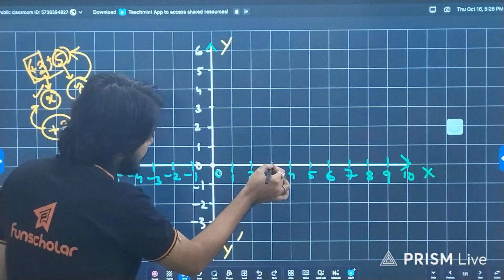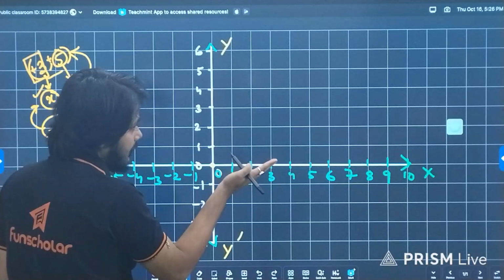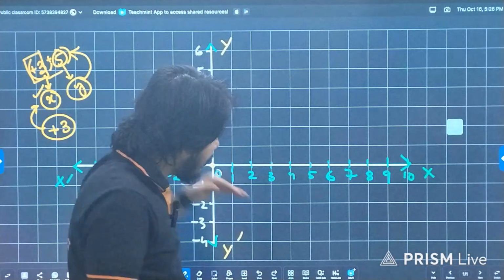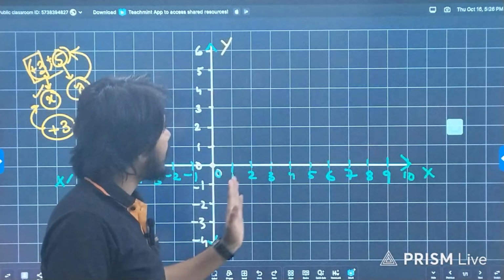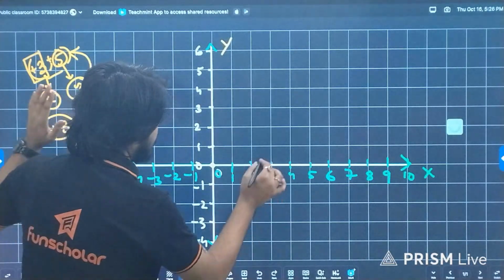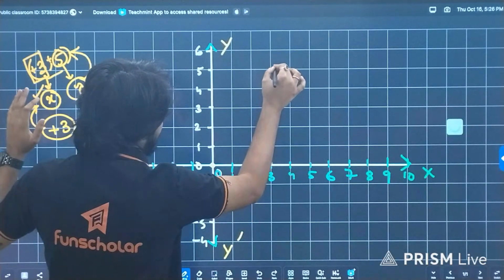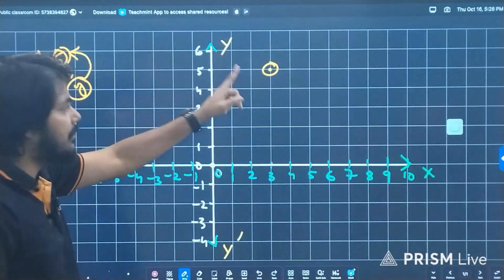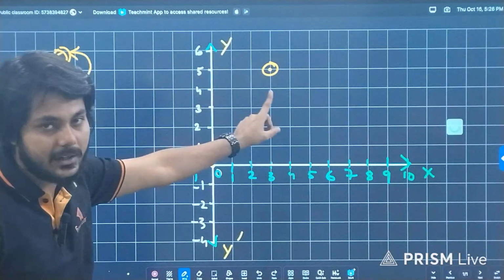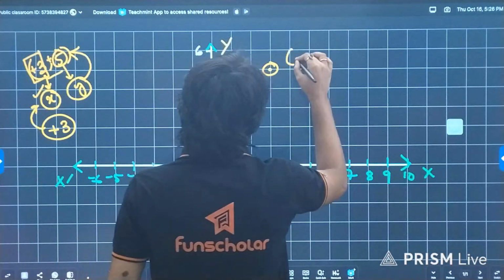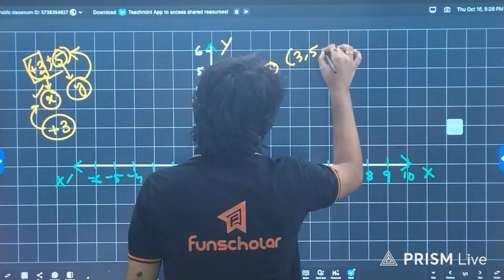So from this 3 we will move 5 steps up, following this vertical line. So 1, 2, 3, 4, 5. This point in the Cartesian plane is the same as the ordered pair 3, 5.